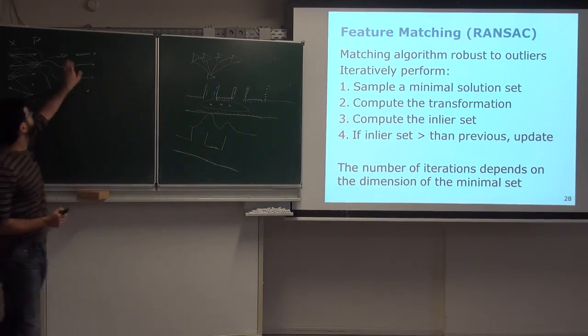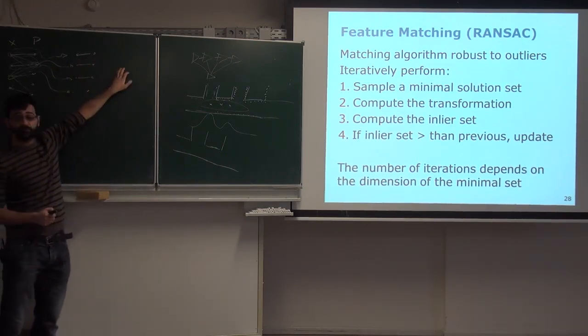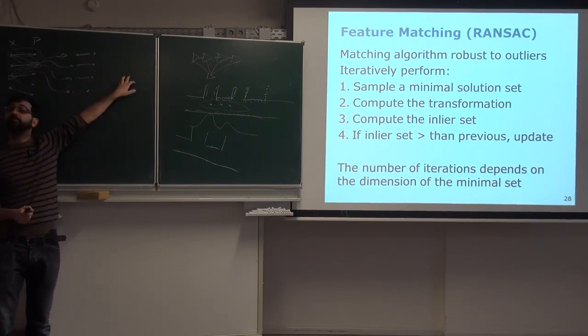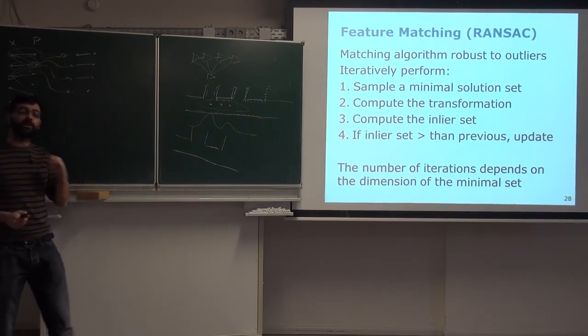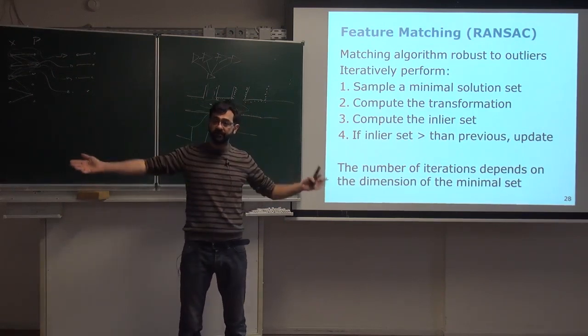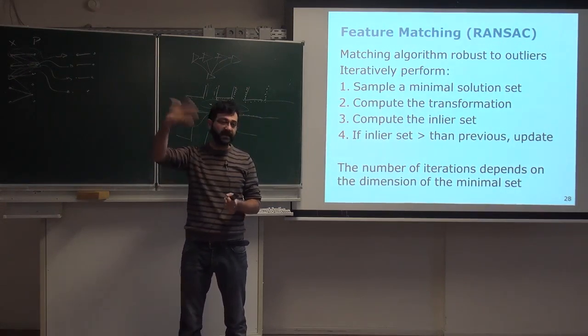Because once you build a solution set, so you have a minimal solution set, you get the solution, and then you check how many of the others actually agree on that, okay? So it's like an advanced way of voting, no? Normally when you vote, there are a lot of people, and each of them votes for something. And then the one that gets the majority of votes wins and is elected, no?